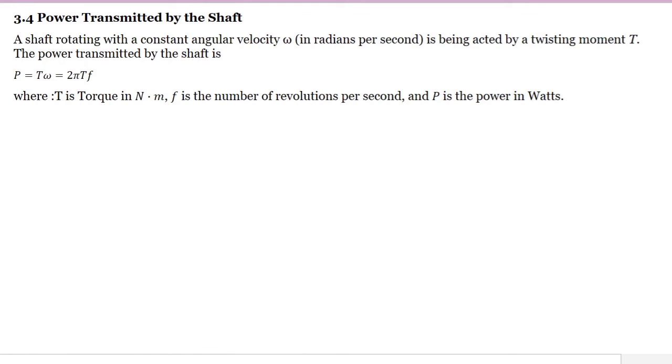P is equal to the torque multiplied by the angular velocity, and this is also equal to 2 pi multiplied by the torque and multiplied by the frequency. F is the number of revolutions per second, and P is the power which is expressed in watts.